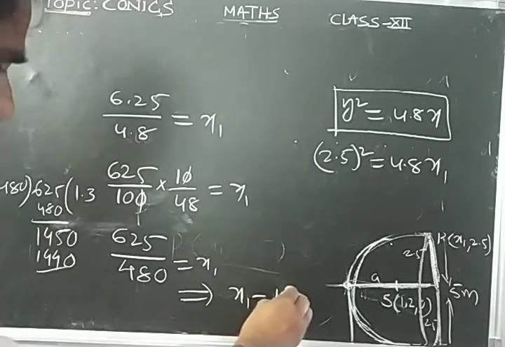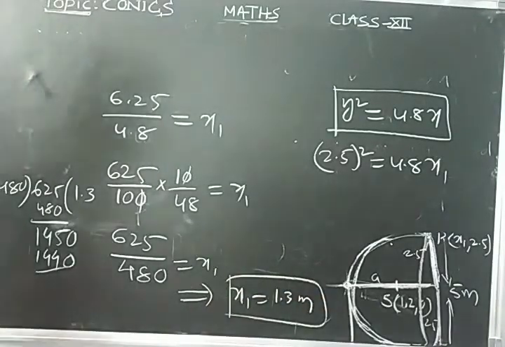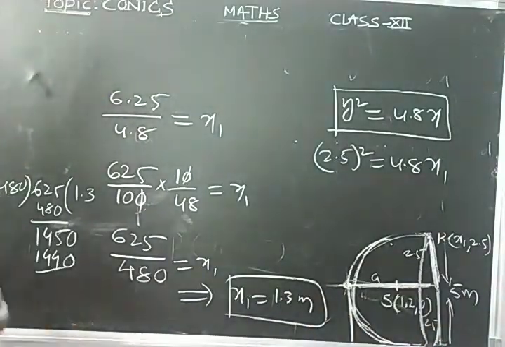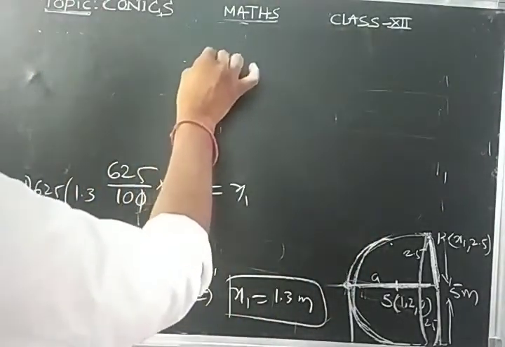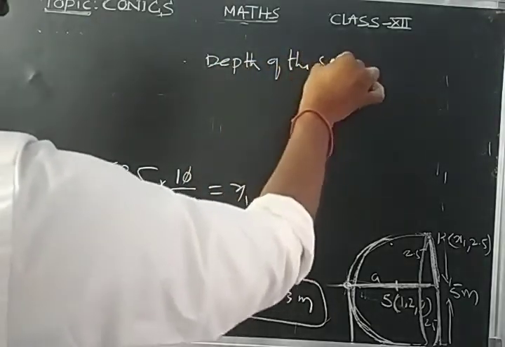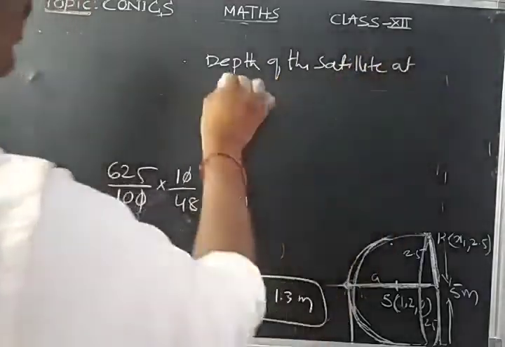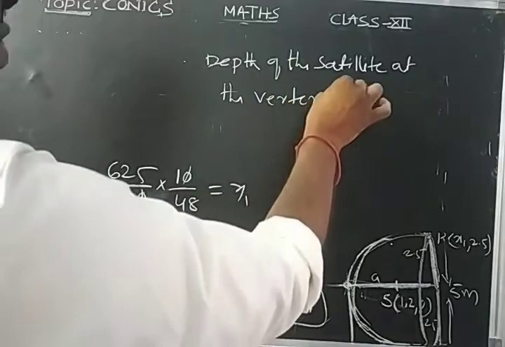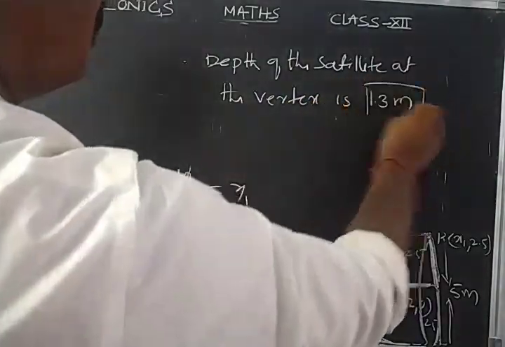So the depth of the satellite is 1.3 meters approximately. Therefore, the depth of the satellite at the vertex is 1.3 meters approximately. That's all.